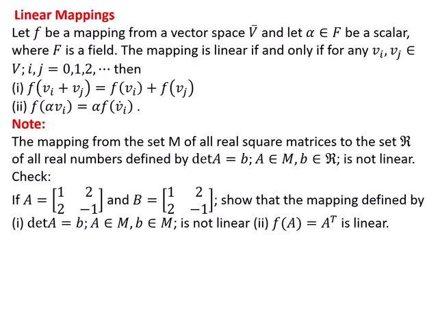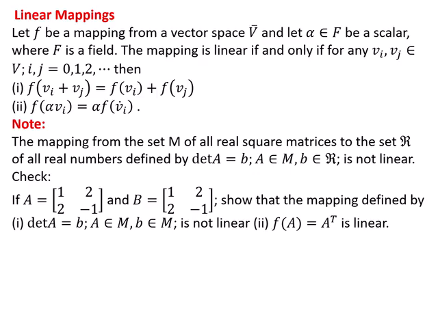You can see your A, you can see your B. Show that the mapping defined by (1), the determinant of A equals B, with A and B belonging to matrices, is not linear. Then (2), f of A is equal to the transpose of A. We want to establish that this one is also linear.